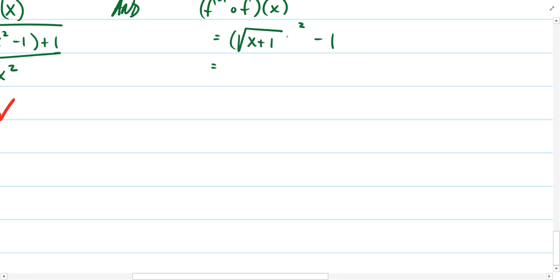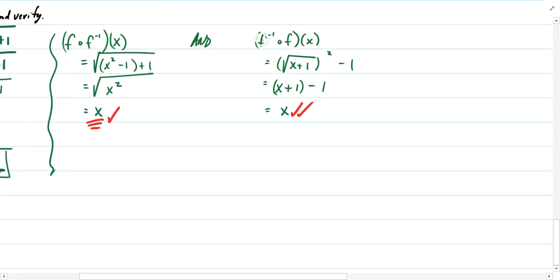And within the order of operations, we should apply this square to the square root, not to the inside underneath it. That's an inner parentheses that can't be affected just yet by that exponent. So when we square a square root, that leaves us with x plus 1, or the argument of that square root. And x plus 1, take away 1, of course, is x, which is a good sign for us as well.